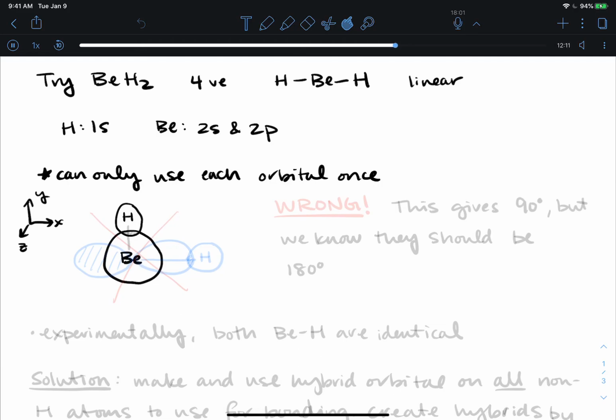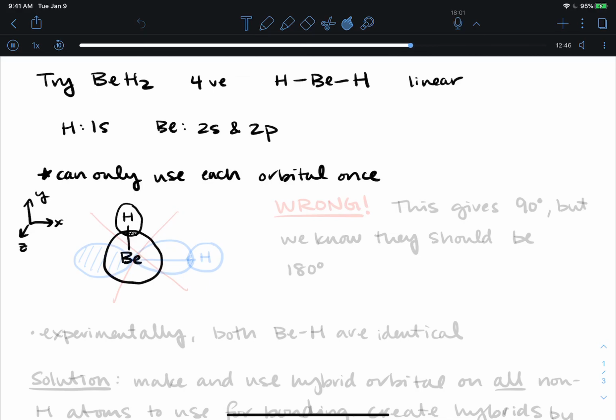So I'm going to want to use, because of where I've drawn this hydrogen, either the px or the pz, just so that my bonds are as far apart as they can get. Now I could have put my hydrogen somewhere else and used the py to make my other bond, but I just happened not to in this case. So I can draw these overlapping in phase with constructive interference. This is my sigma bond, right? It represents this line between beryllium and hydrogen.